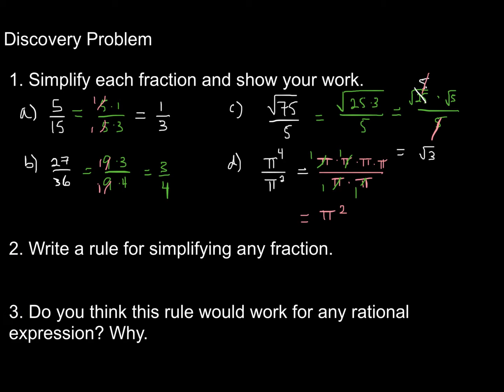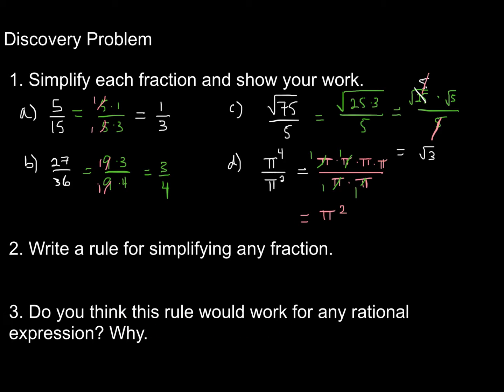What you'll notice is that the rule we've come up with is that if I can factor out a common factor, and I'm looking for the largest common factor that the numerator and denominator have in common, then when I cancel those out, because something over itself is 1, I'll be left with the most simplified version of the fraction. And we'll illustrate this in a second.